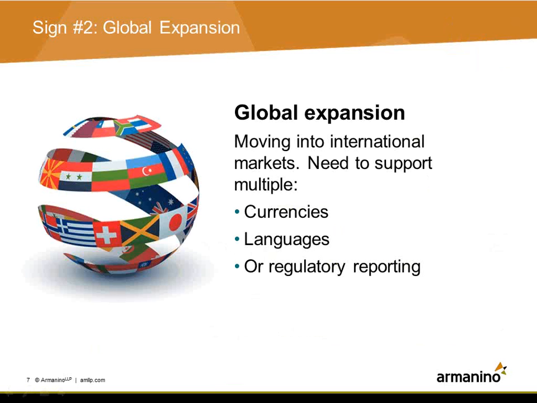All right. So global expansion is another sign where Dynamics GP is probably going to be stretched to its limits in terms of being able to support the requirements around multiple currencies, multiple languages, and really localizations or local regulatory reporting requirements. So, what would happen if you needed to move a manufacturing plant to China and you needed those workers to be working on the system in simple Chinese?